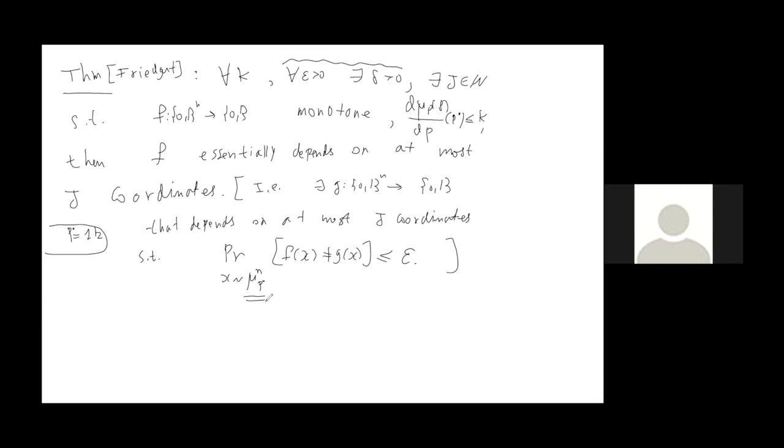No, I think just to clarify, first of all, g is a function that depends on at most j coordinates, might as well be a monotone function. And as such, it just means that all its min terms are just sets of at most j variables.